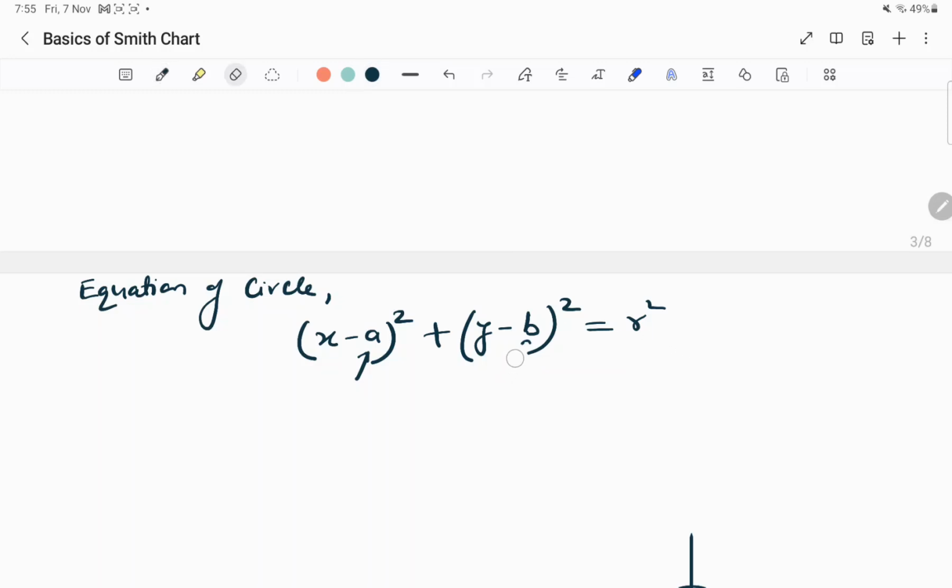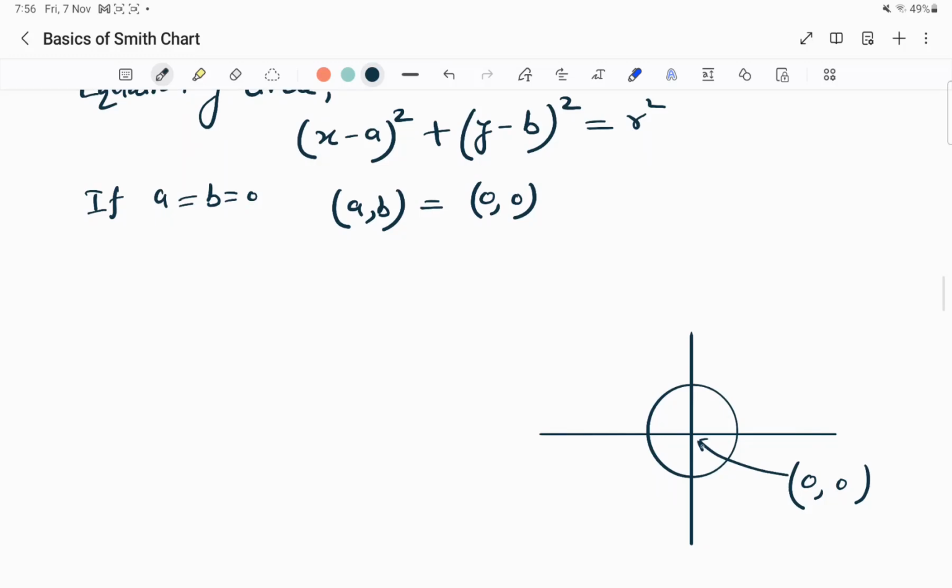Alright, now if a and b both are 0, that means your center point is at the center of the coordinate system, that is at the origin.